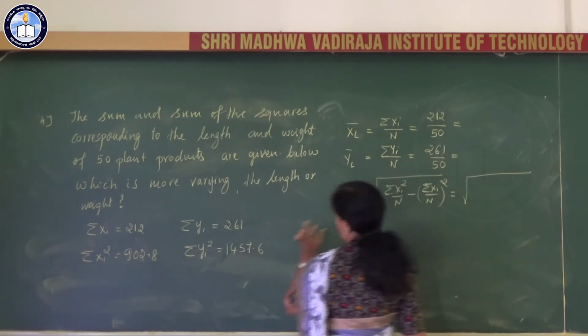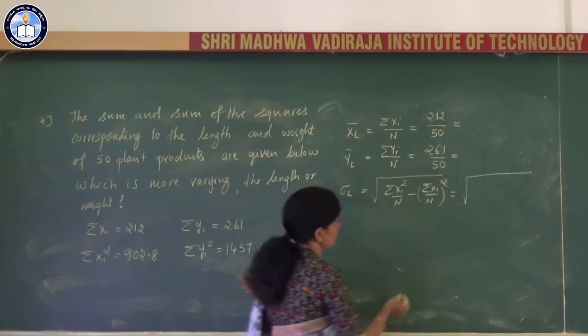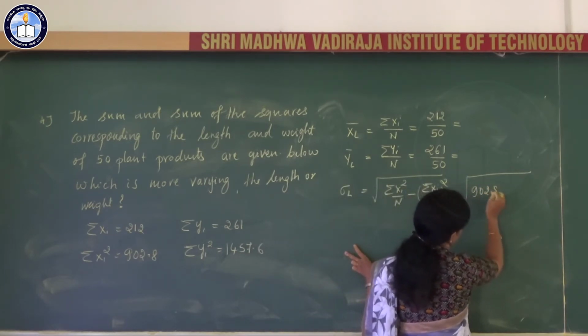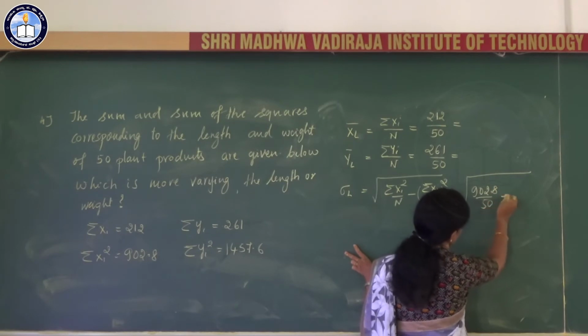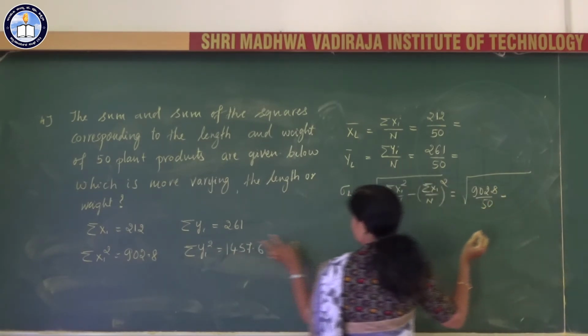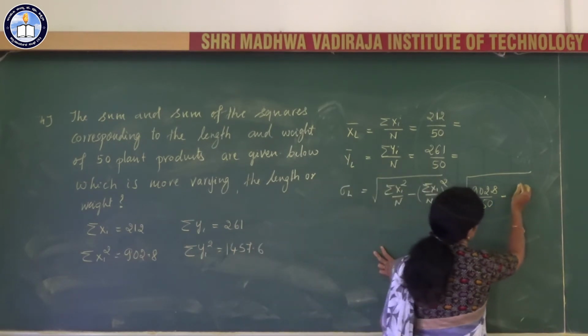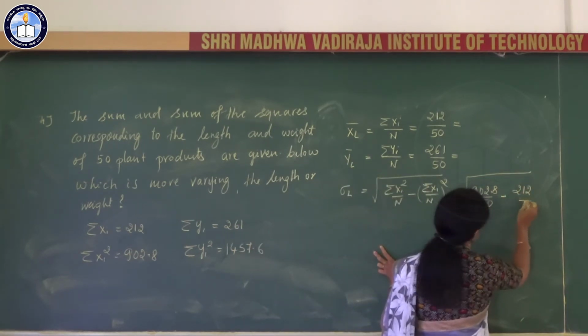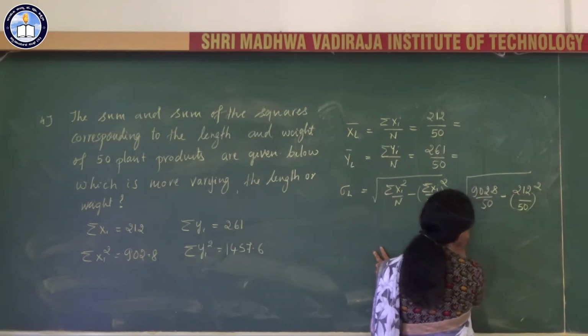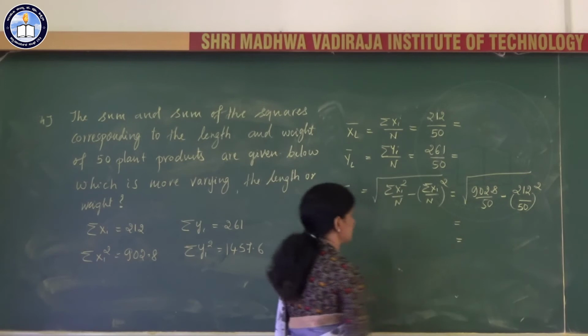That's equal to root of 902.8 divided by 50 minus, so sigma xi, that is 212 divided by 50 whole square. So that you must calculate by using the calculator.